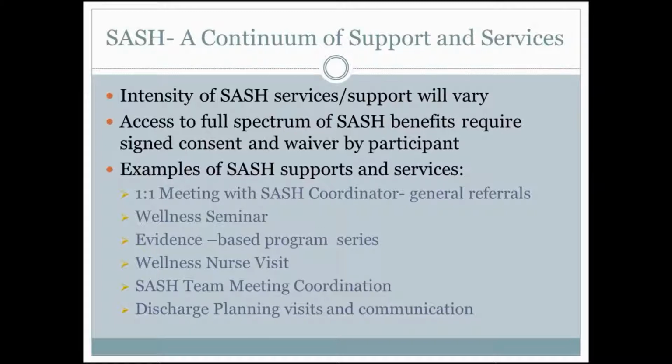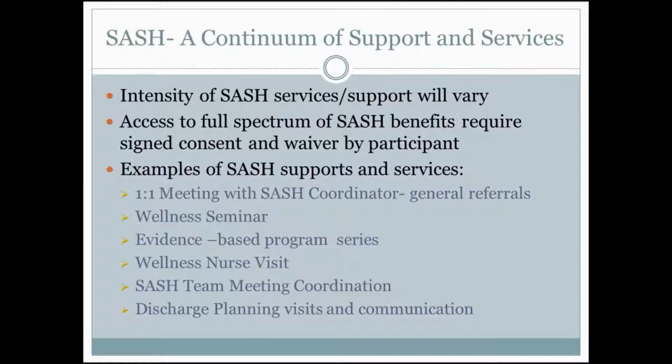So what I do is I just give an example on this slide of some of the different supports and services that SASH provides. So it's one-on-one time with a SASH coordinator, getting some generalized referrals to partner organizations, wellness seminars, evidence-based programs that are real series, 6-week series, 8-week series, those kinds of things. Wellness nurse visits.